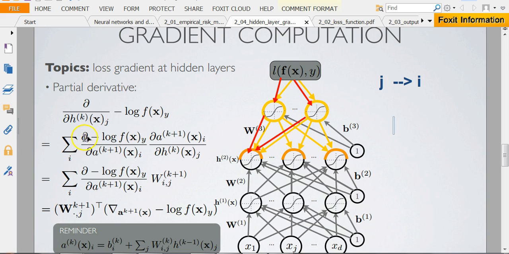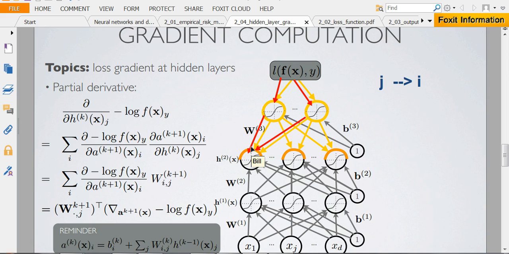So here we have this, we want the derivative of the loss function with respect to the output activation layer, h_k. So that's with respect to here. So this is the neuron, this is the output. We want the derivative of the loss with respect to that.